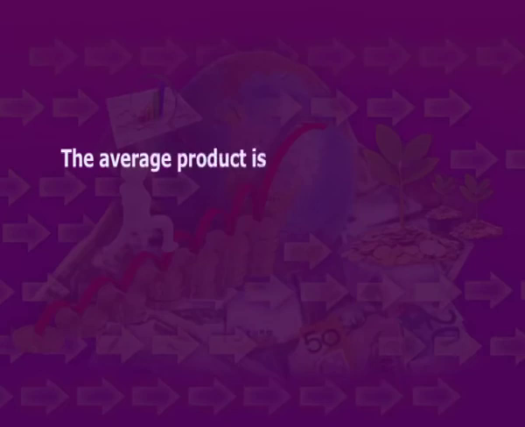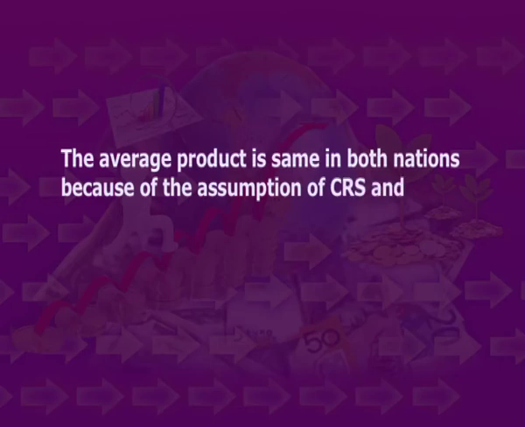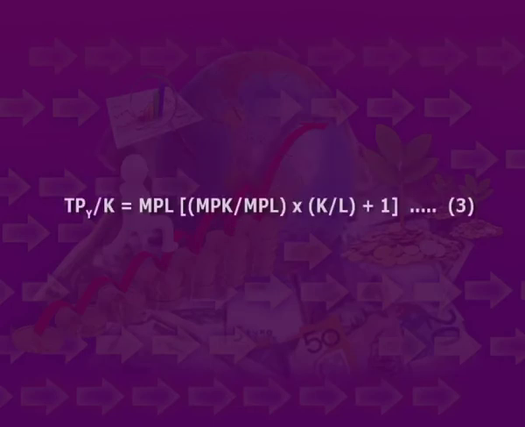TPY by K is the average product of capital in the production of commodity Y. The average product is the same in both nations because of the assumption of CRS and the same production function. If equation 3 is true, MPL in both nations must be equal.